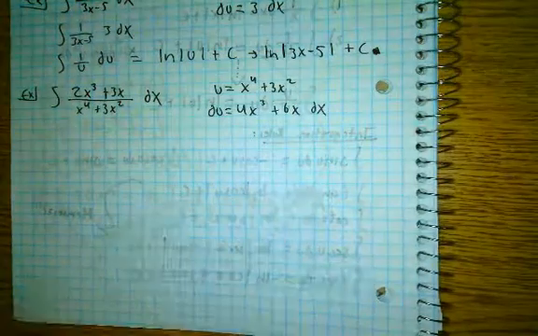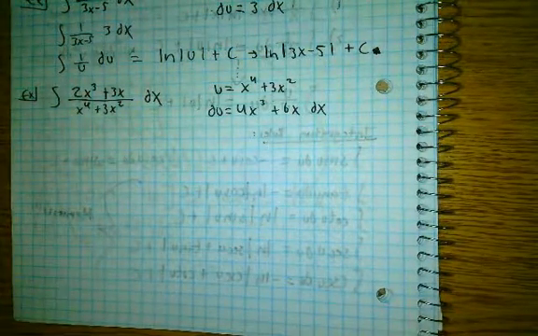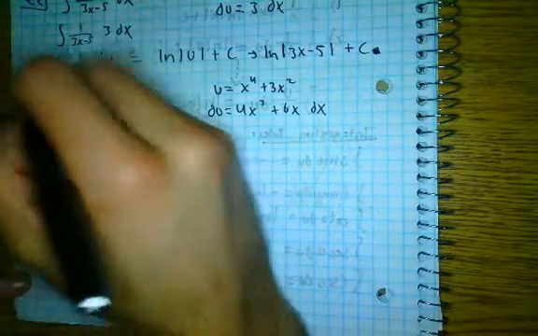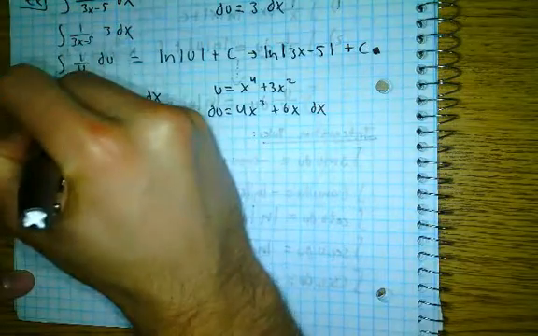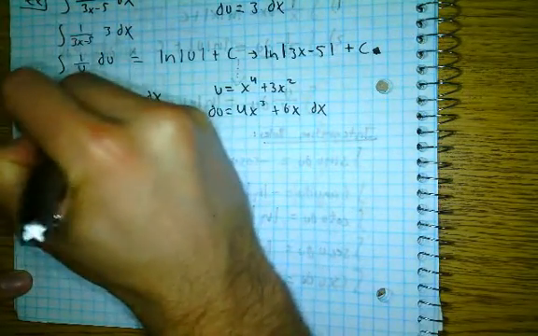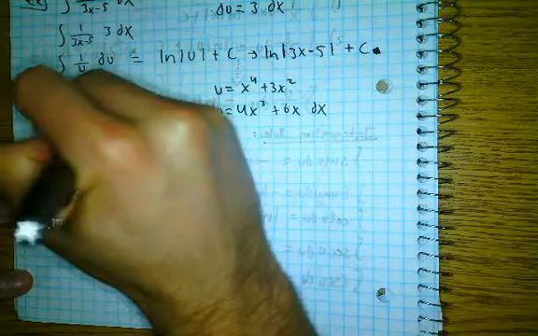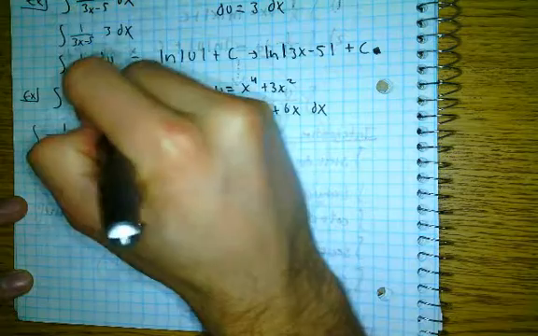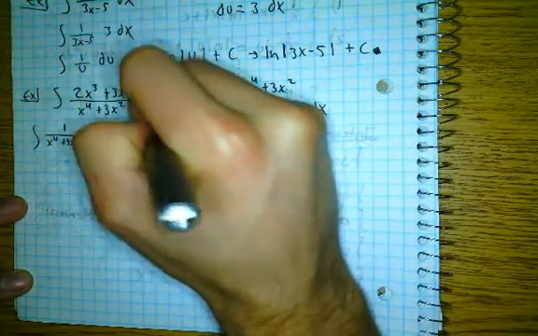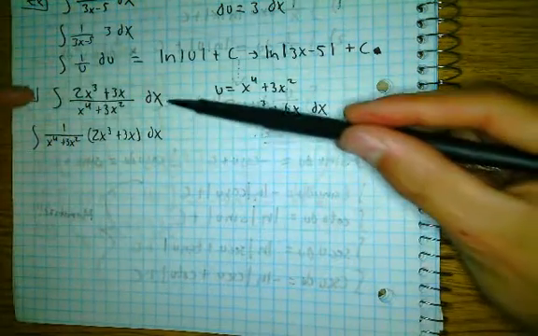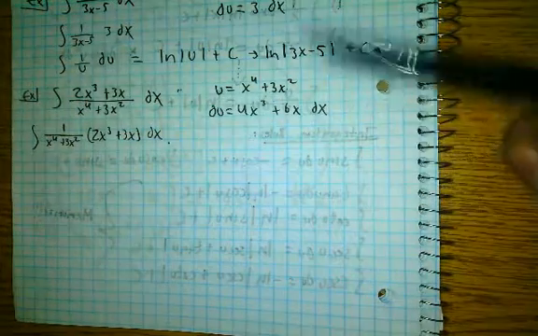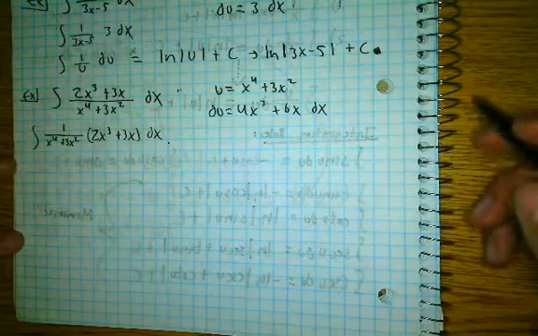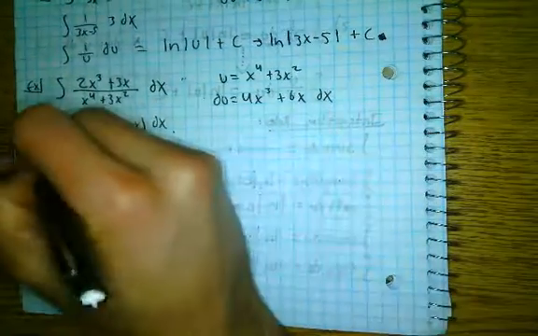Agreed? Well, what if I rewrite this expression as the integral of 1 over x to the fourth plus 3x squared times 2x to the third plus 3x dx? Do you guys agree how that would be the same thing as that? Well, why would I want to do that? If I make substitutions as it stands right now, I would have 1 over u, agreed?